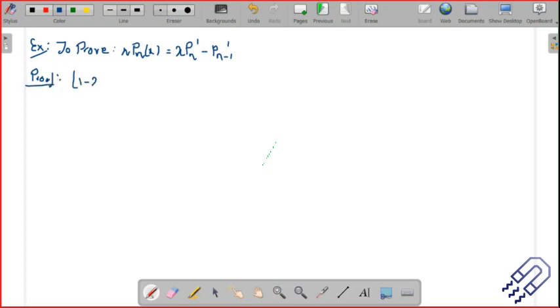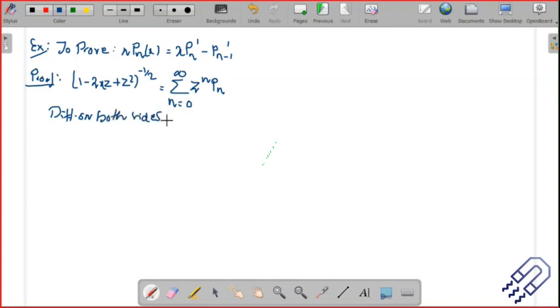So this is 1 minus 2xz plus z square whole thing to the power minus half is equal to summation n is equal to 0 to infinity z to the power n pn. Okay, that's it. I don't write down x here. So npn, and you have to take a dash here, so that means you have to basically differentiate, right? So let's just differentiate on both sides.